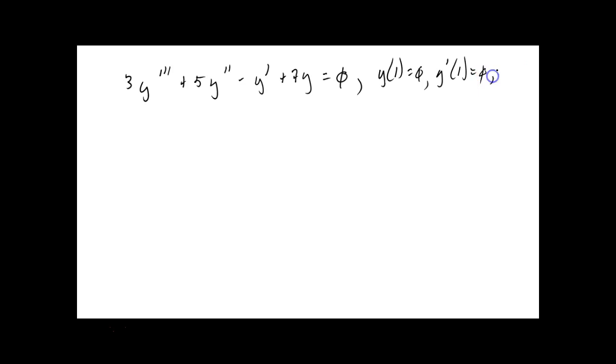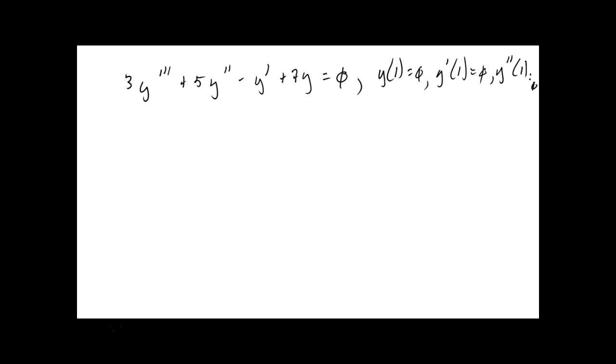Y double prime of 1 is equal to 0. Now, the fact those are all zeros has nothing to do with the problem here. I wish they had picked a value, 1's perfectly fine, and then had other values for them. That would work just as well. The fact that these are all zeros doesn't make anything special happen, except it makes it easier to evaluate at the end.